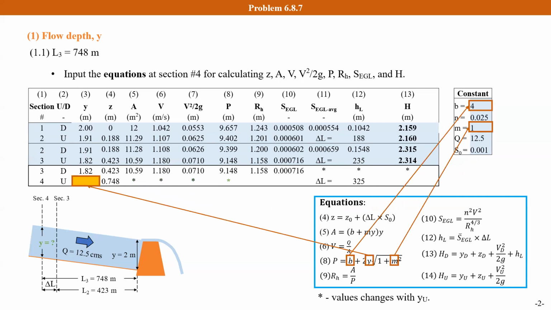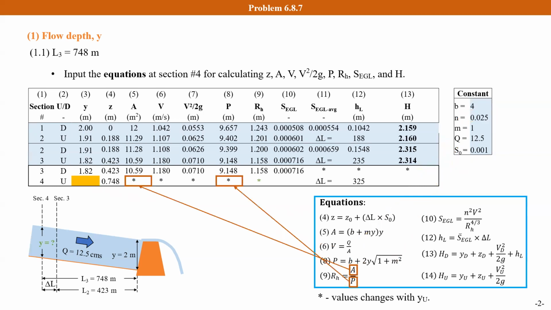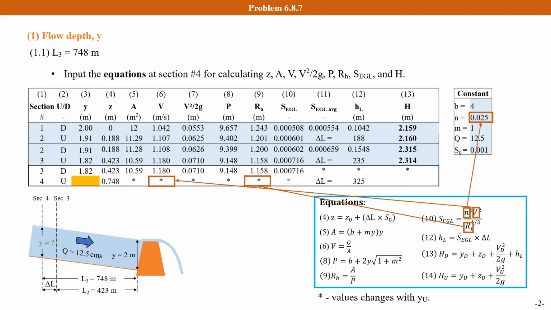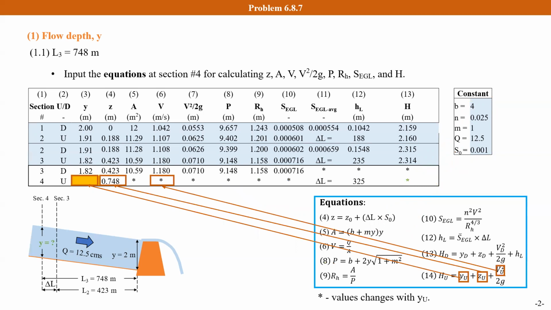Then we can calculate the wetted perimeter and the hydraulic radius. Based on equation 10, we can calculate the slope of the energy grade line. And based on equation 14, we can calculate the total energy at section 4.